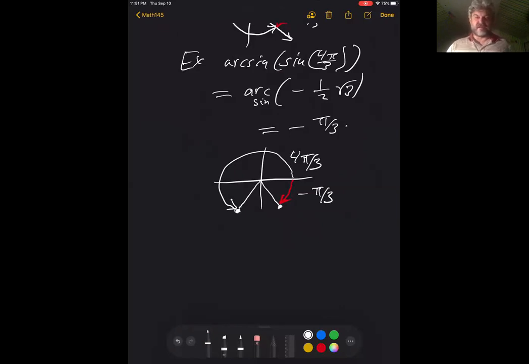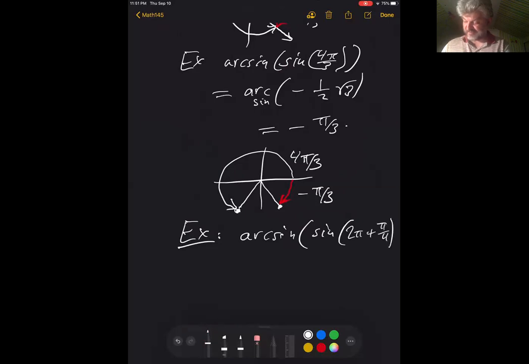So there's a third possibility that can happen. Arcsin of 2 pi plus pi over 4. Let's do it this way.